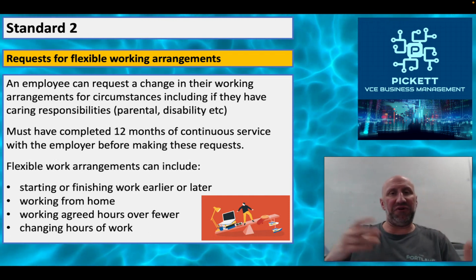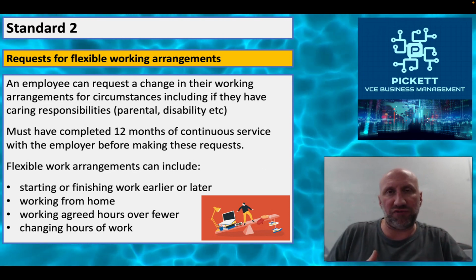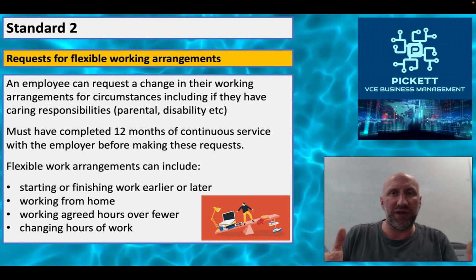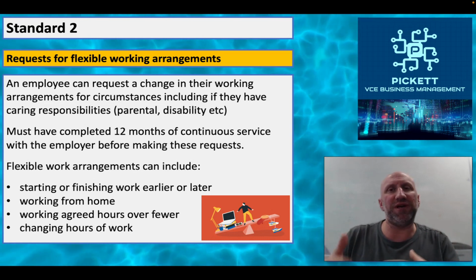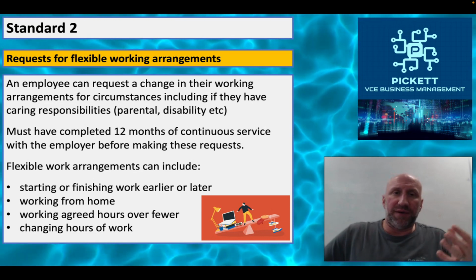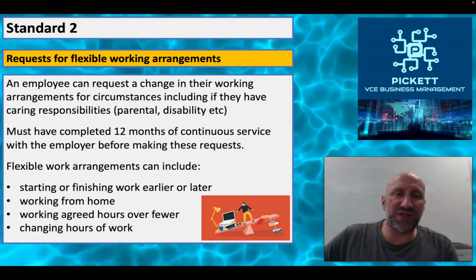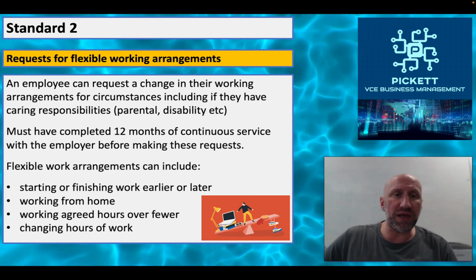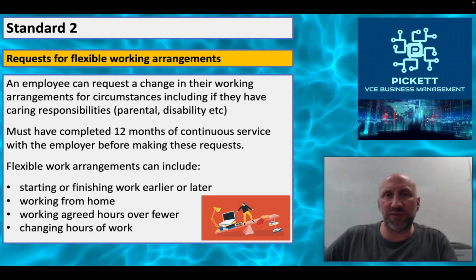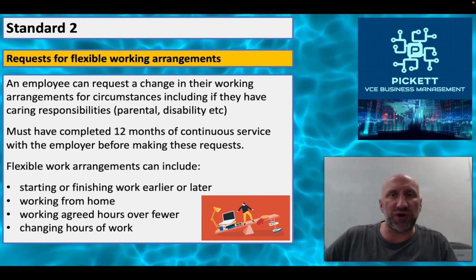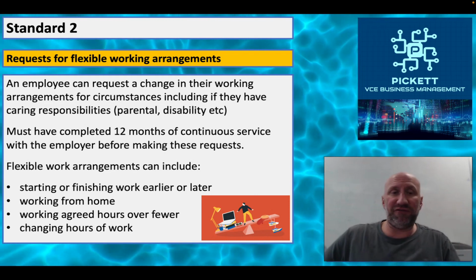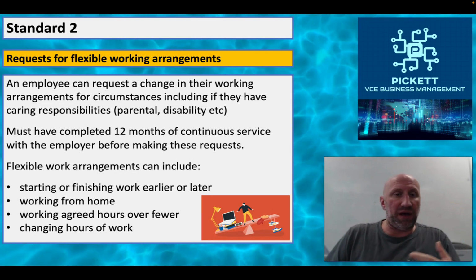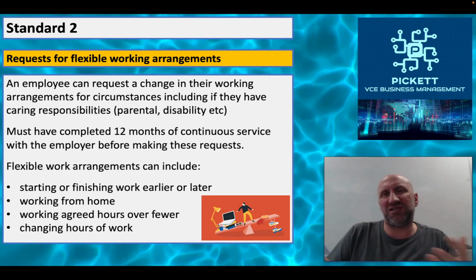The idea is that you have the right to go to your employer and say, look, I need to change my hours, change something with my work to allow me to still meet those caring responsibilities. You must have completed 12 months of continuous service with the employer before making those requests. Some examples of flexible working arrangements: starting or finishing work earlier or later, working from home, working agreed hours over fewer days, changing hours of work.